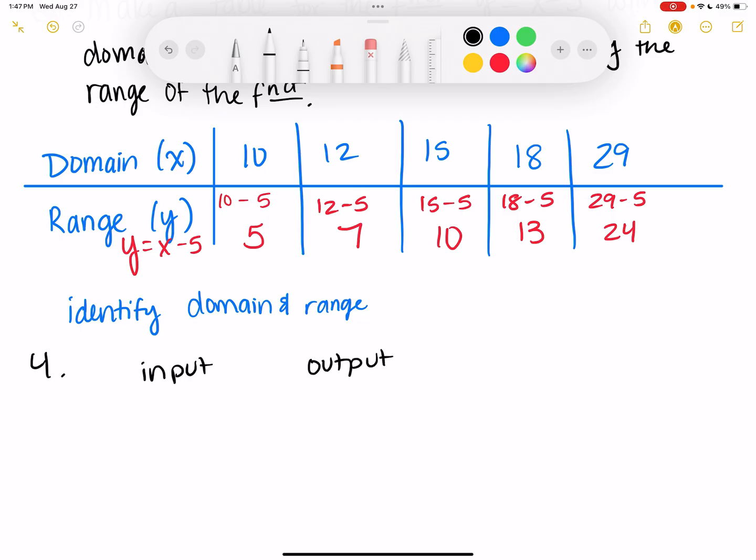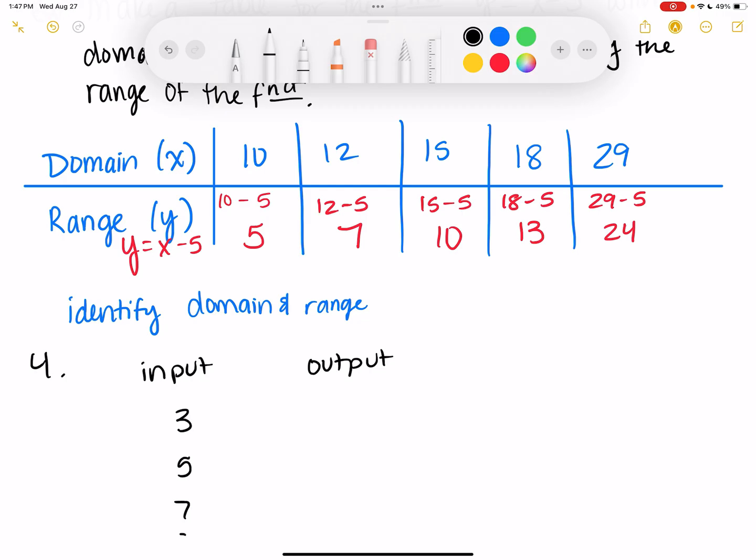Or actually, it's a mapping diagram. Some of them are tables, some of them are mapping diagrams, but it's the same thing. If it's a table, it's whatever's paired beside each other that goes together. If it's a mapping diagram, you have to look at where they draw the arrows, which in this case, they're all drawn to what's beside them, but that isn't always the case.